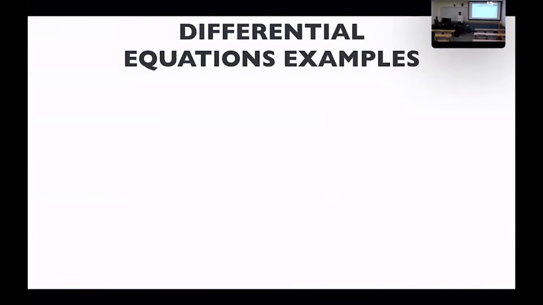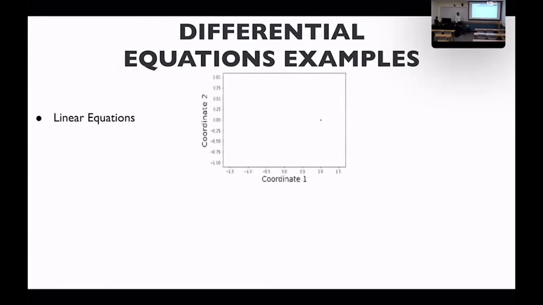So here are some differential equation examples. When I started looking at differential equations, I didn't see much. There are two types of equations. Linear equation, here we mean linear differential equation.